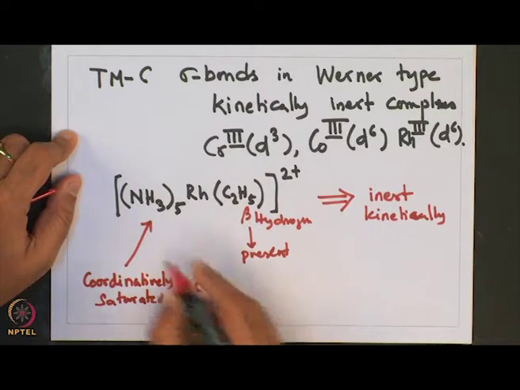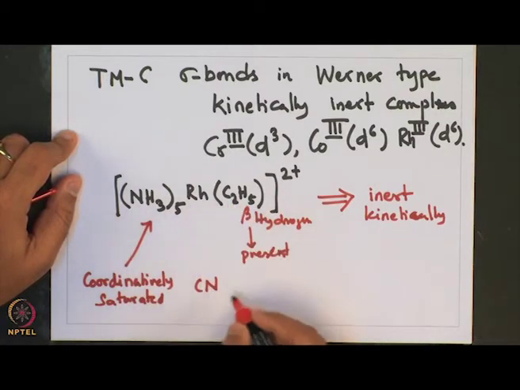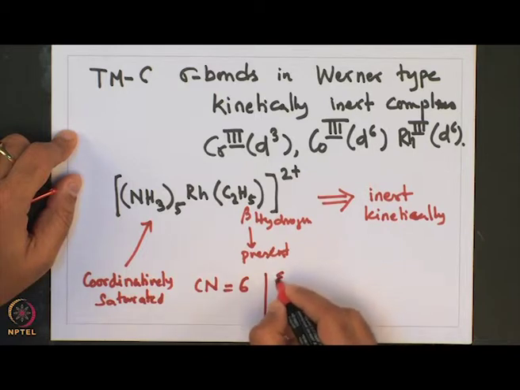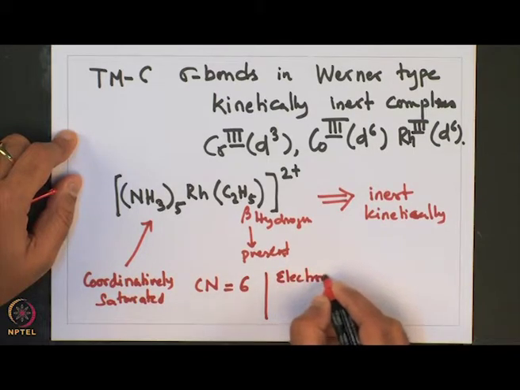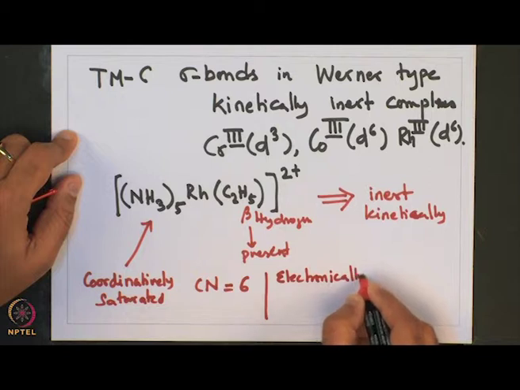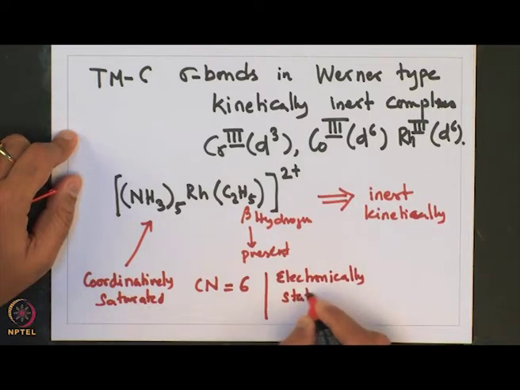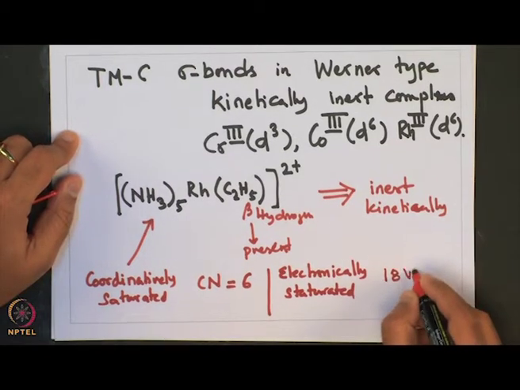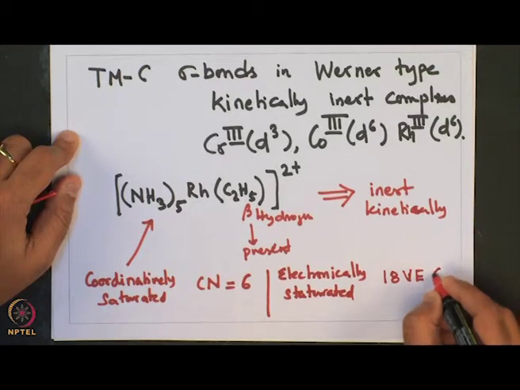So, coordinatively saturated means it has a coordination number of 6, and electronically saturated meaning that it is a 18 valence electron complex.